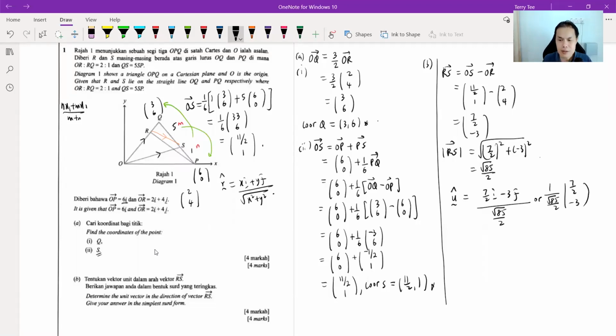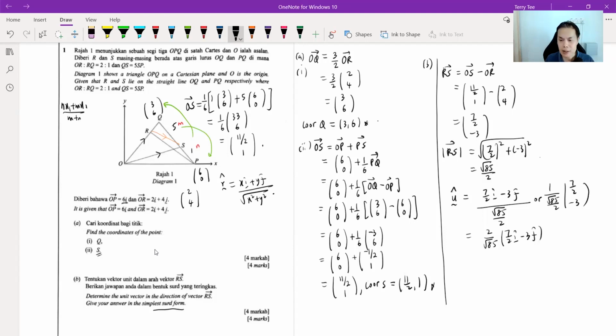So the challenge, or the problem, is that we want to simplify it. The question already says simplest surd form. So we may have to rationalize the denominator. We can flip this upside down. So this is 2 over surd 85 with a 7 over 2 i minus 3 j. Now, this 85, we need to multiply top and bottom with surd 85.